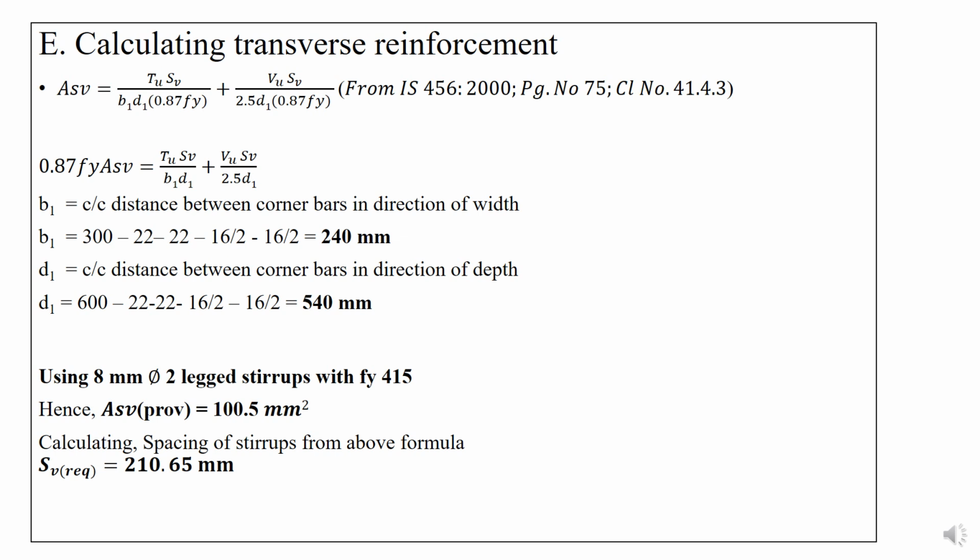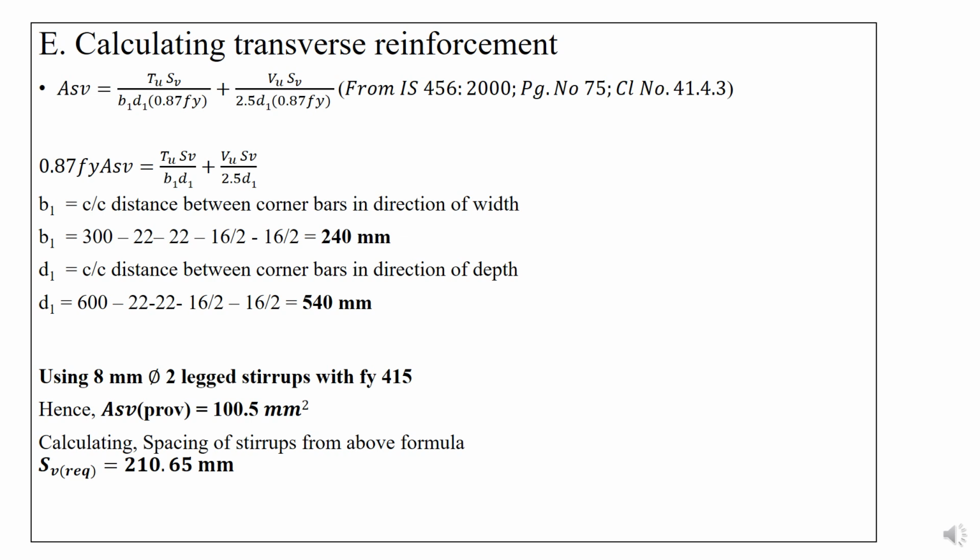So value of B1 and D1 is nothing but extreme edge distance of both width and depth side up to the edge of bar along that face. So it comes out to be 240 mm and 540 mm.